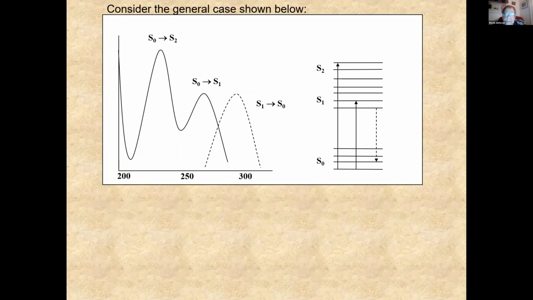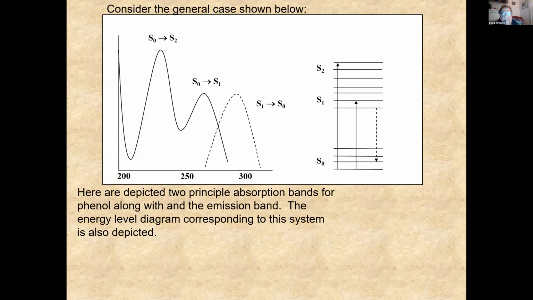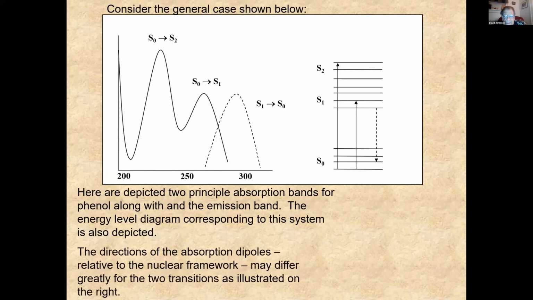And let's look a little more deeply. So here's an absorption spectrum of actually phenol. And we see absorption of S0 to S2, higher energy, and S0 to S1. And we see the little Perrin-Jablonski diagram showing this, and the emissions at the higher wavelength.